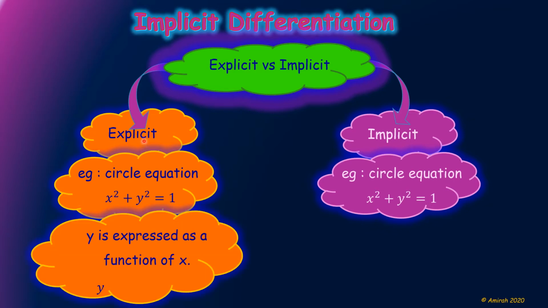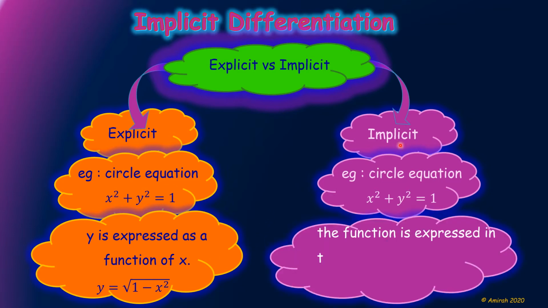Under explicit form, y is expressed as a function of x. So we can write y equals the square root of 1 minus x squared from this equation. We write y as the subject.